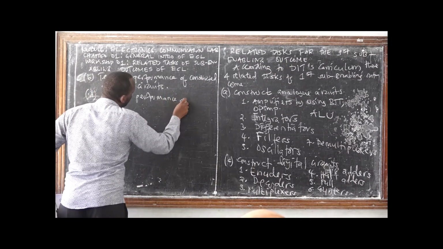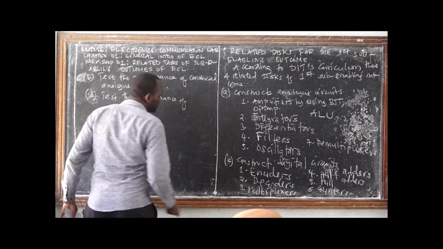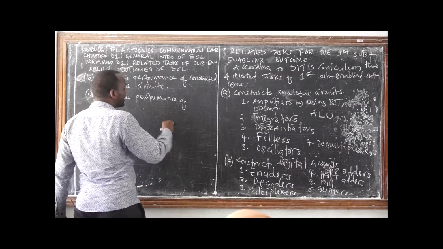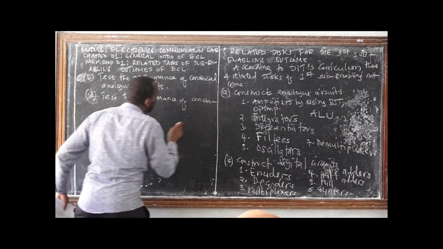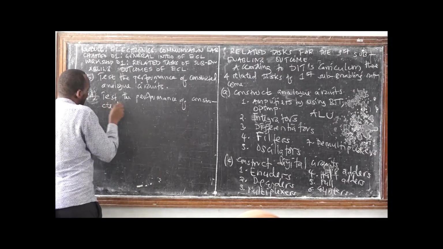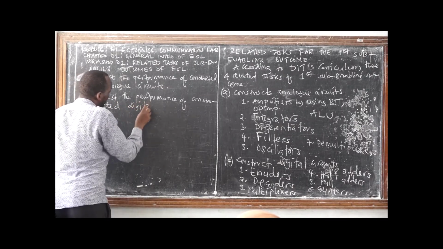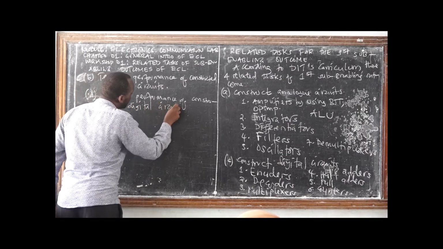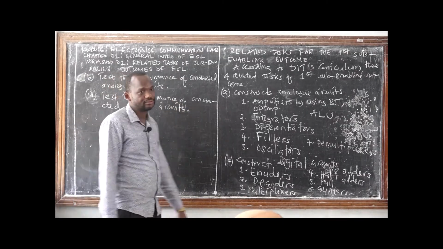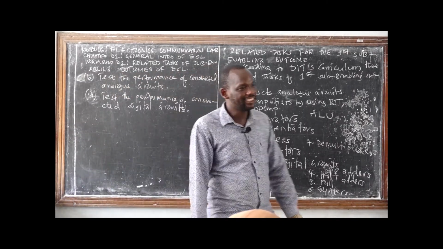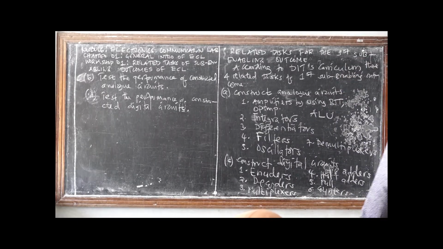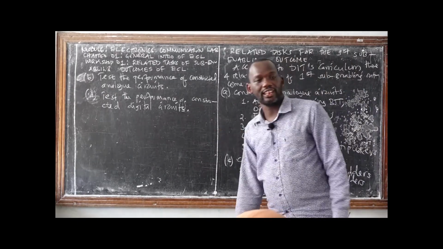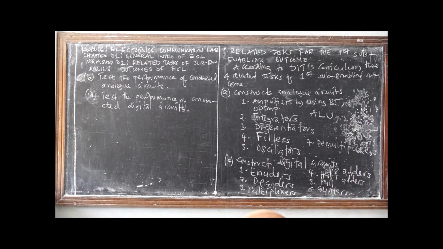Once you construct this digital circuit, you have to be able to test the performance of the constructed digital circuit. So constructing is one responsibility, then performance testing is another responsibility.